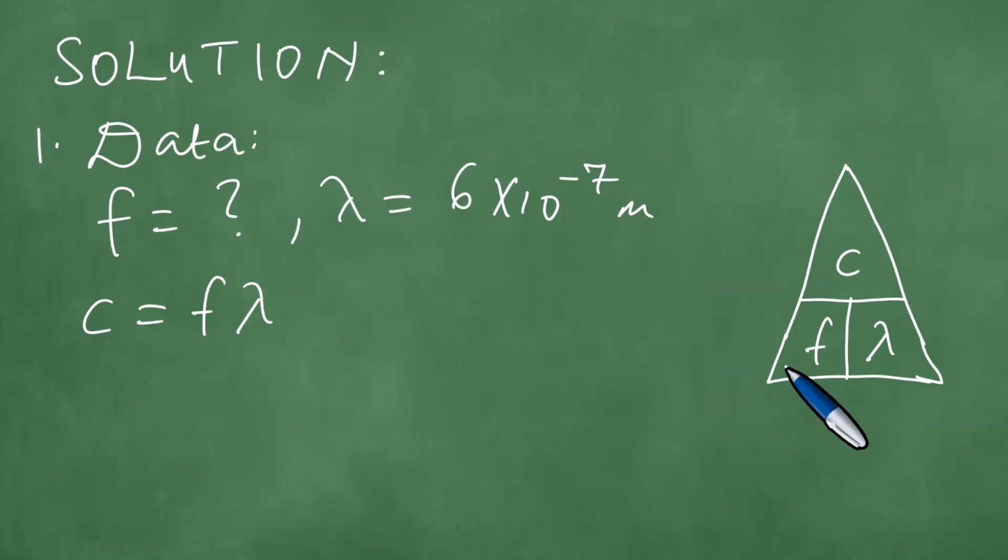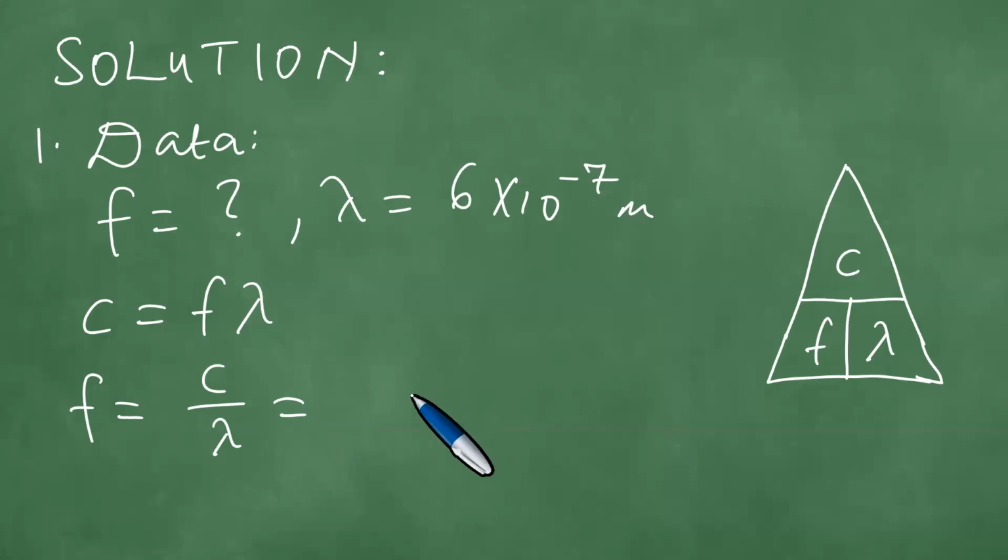Yes, so the frequency here is C over lambda. What is C here? 6 times 10 to the power of minus 7. Yes, that is the wavelength.